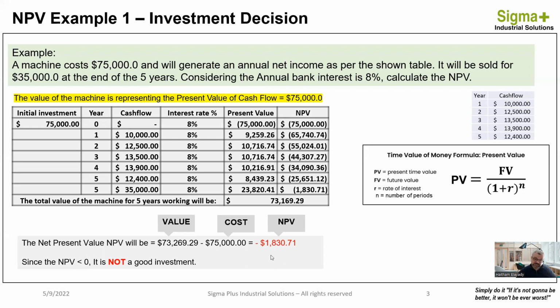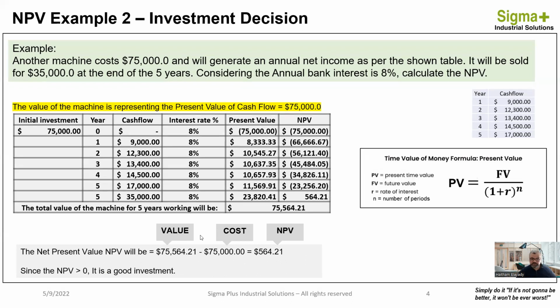As a general rule, if the net present value is less than 0, then it's not a good investment. Let's see the second example. It's another machine that cost the same price, $75,000, and will generate an annual net income as per the shown table. In the 1st year, you will get $9,000.